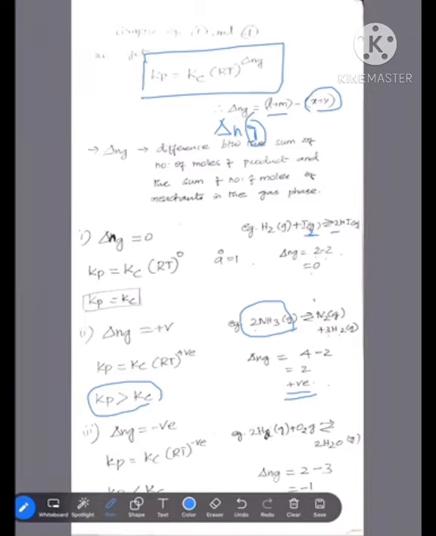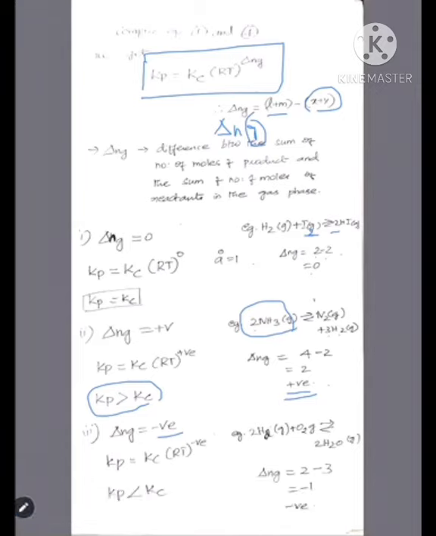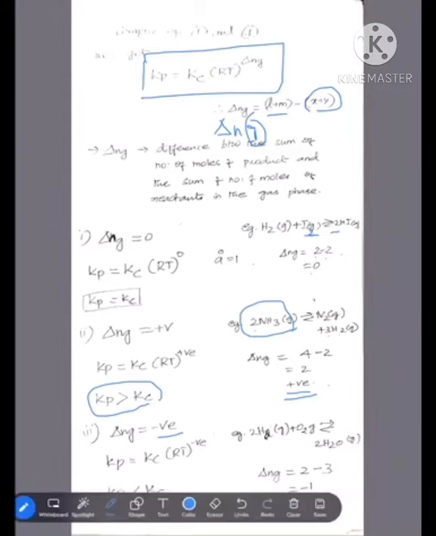The next condition is when delta Ng is equal to a negative sign. Then Kp will be less than Kc, so Kc will be high in comparison to Kp. Another example for this is 2H2 gas plus O2 gas.